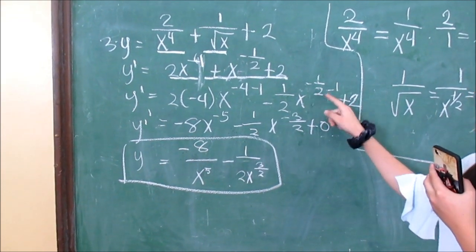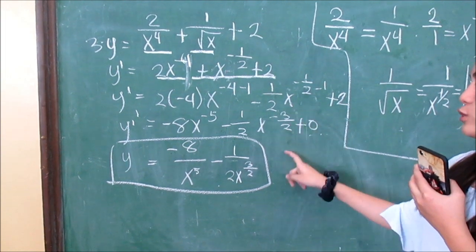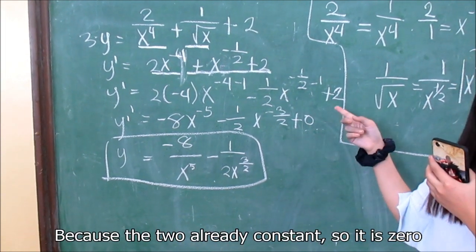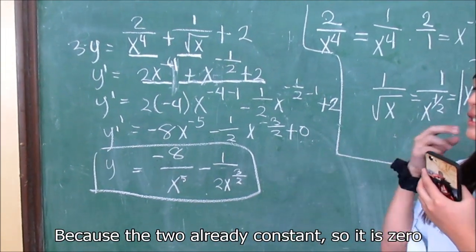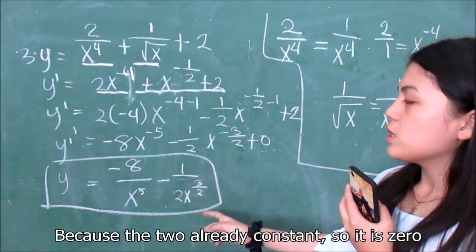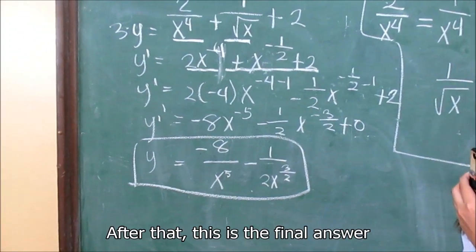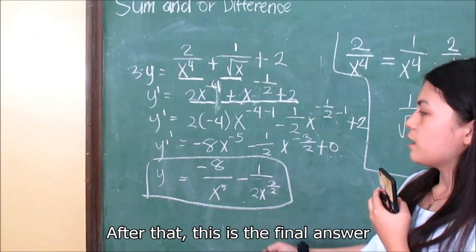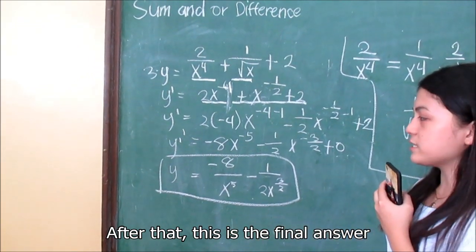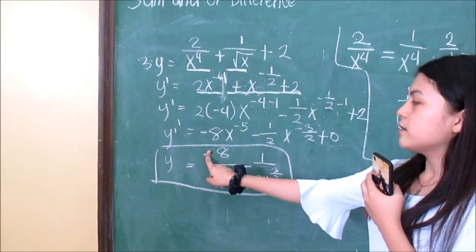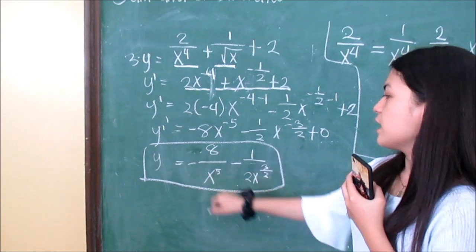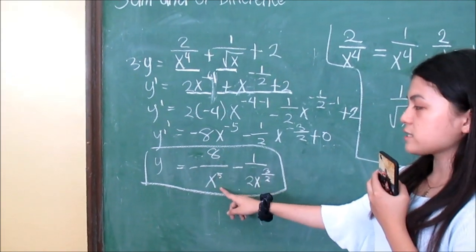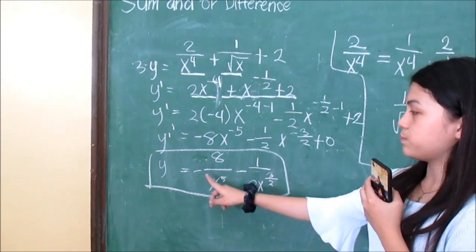So negative 1/2 minus 1 is equal to negative 3 over 2 plus 0. Dahil yung to ay constant na, kaya nagiging 0 ito. So, pagkatapos nun ay makukuha na natin ang final na answer, which is negative 8 over x.